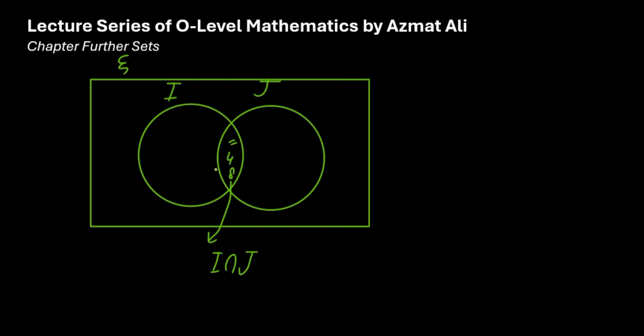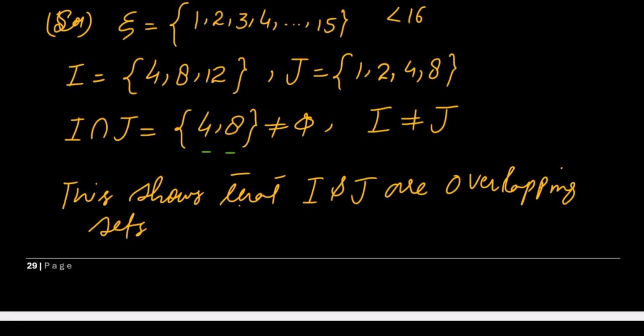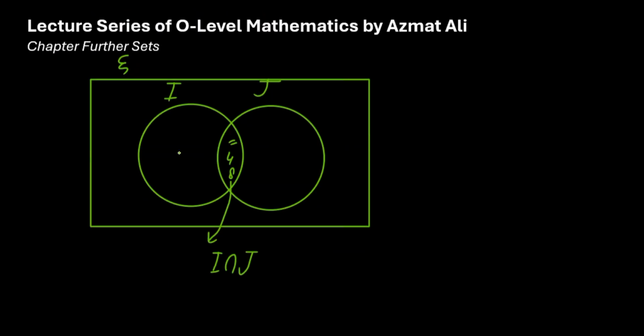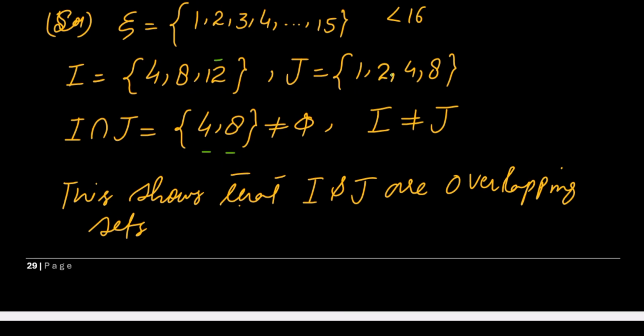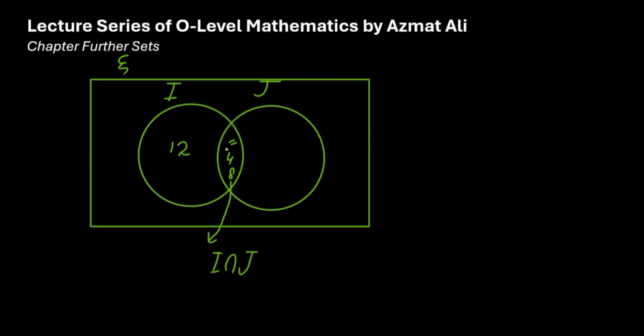Now the remaining element of I is only 12, so we will write 12 here. The remaining elements of j are 1 and 2. Because 4 and 8 are common elements between both I and j, we will write these two elements 4 and 8 only once.